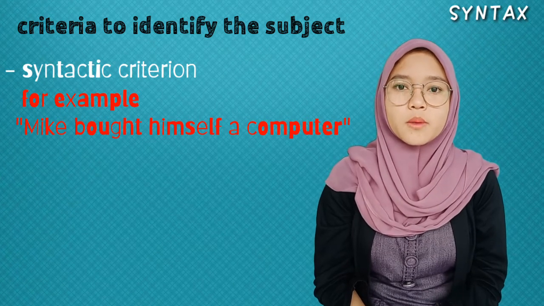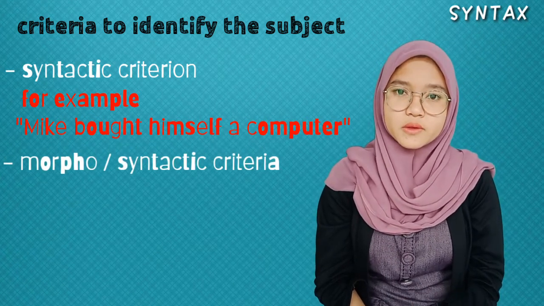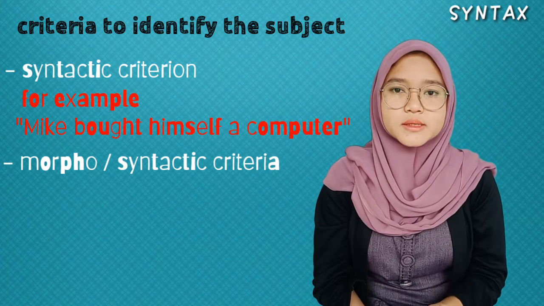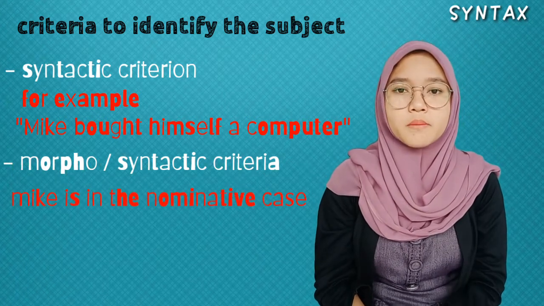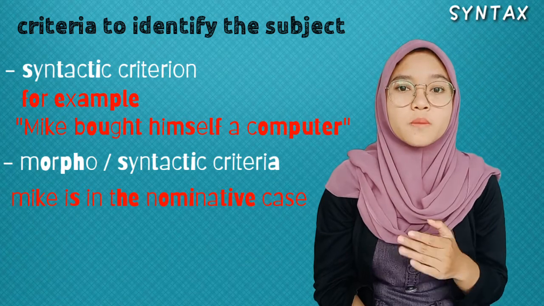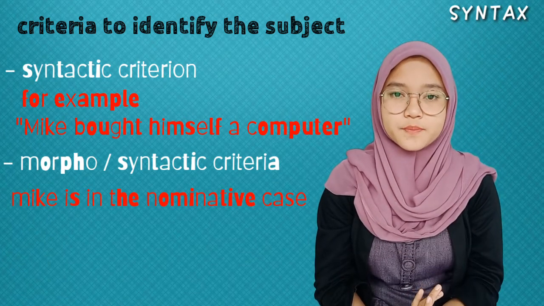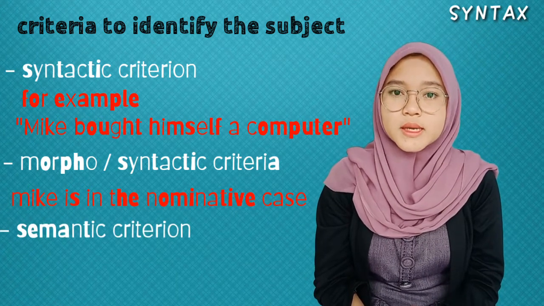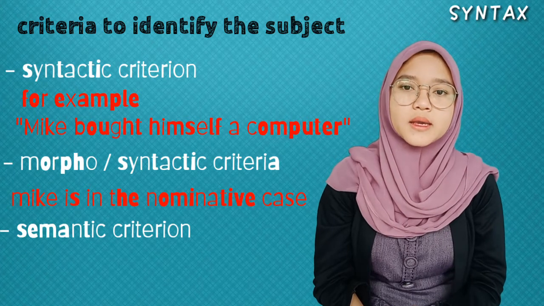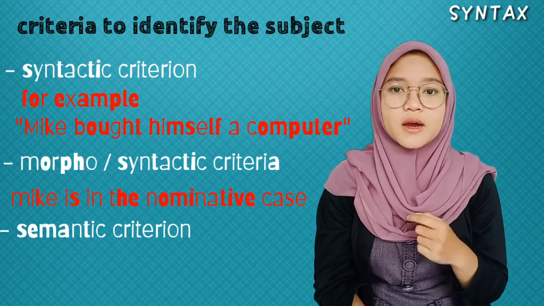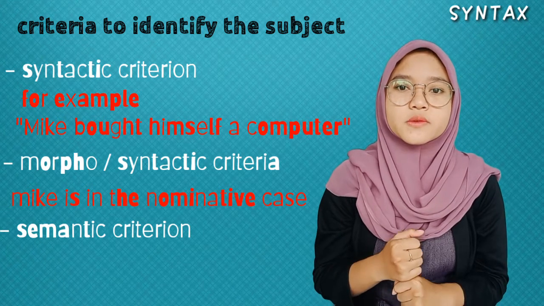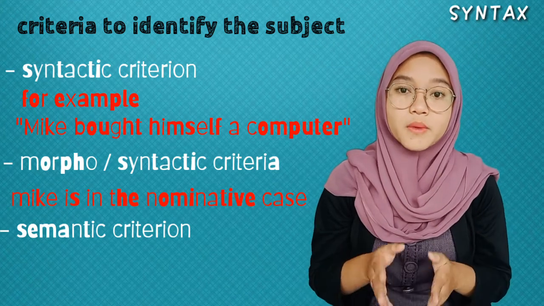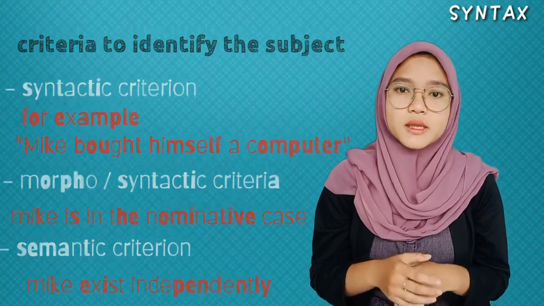The second is morphological criteria: the subject is in the nominative case, and Mike is in the nominative case. The third is semantic criteria: the subject refers to entities that exist independently of the action or state of the verb, and might exist independently.